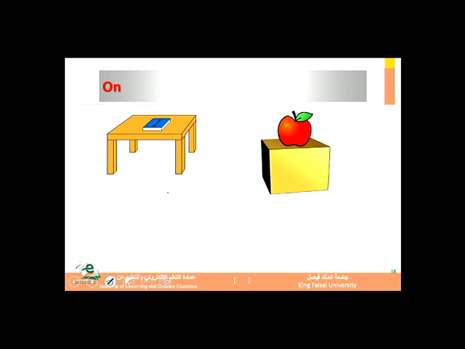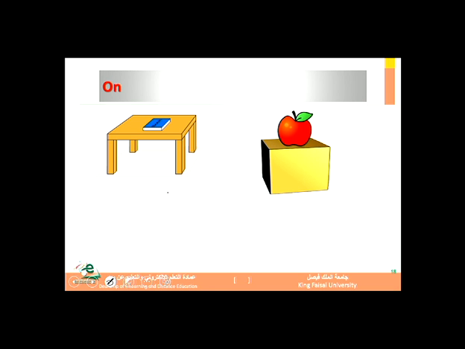Now you need to be very careful when comparing on and above. When we say that this book is on the table, it means that the book is touching the table. There is nothing between the book and the table. The surface of the book is in contact with the table.